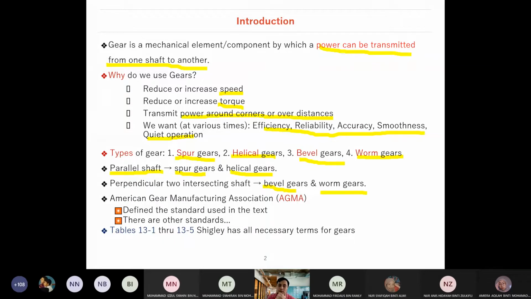There is also a European standard, but we normally use the American one, because Shigley is from America. Tables 13-1 through 13-5 in Shigley explain all the necessary terms for gears. In this slide there is 13.